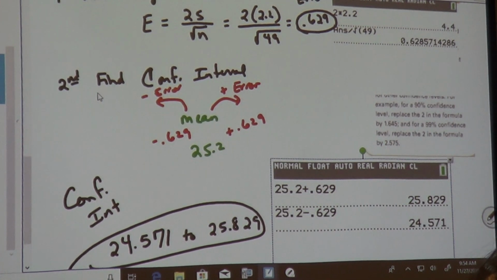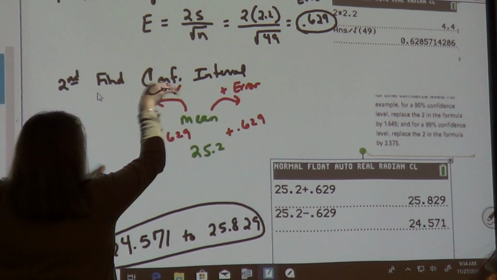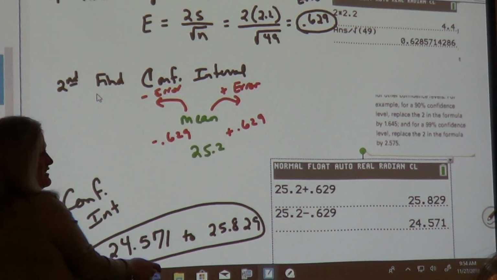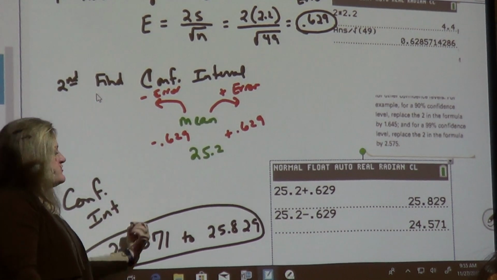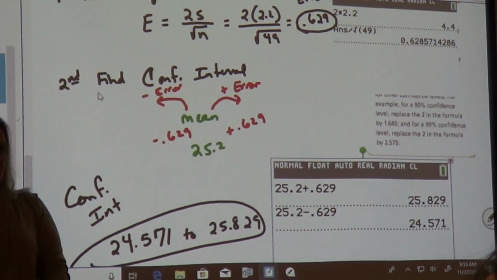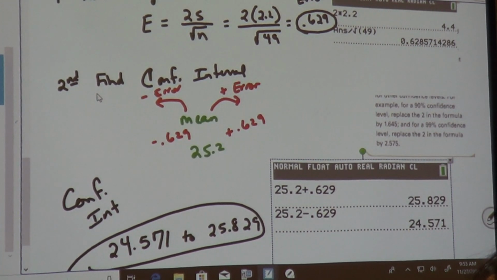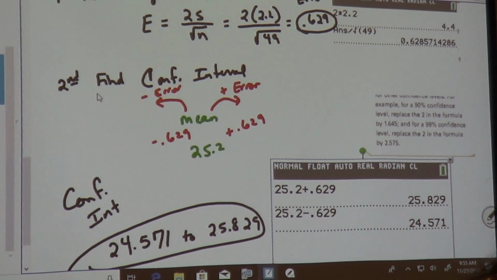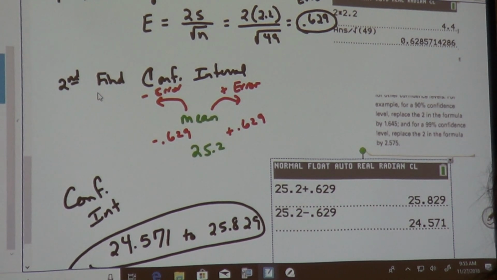So the first thing we had to do was find the error, and after we find the error, we wiggle off the average, the mean. And your confidence interval always goes from the smaller number to the bigger number. That error formula is given to you on your formula sheet.